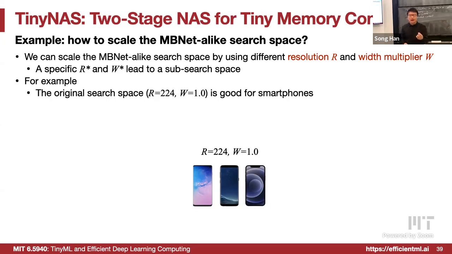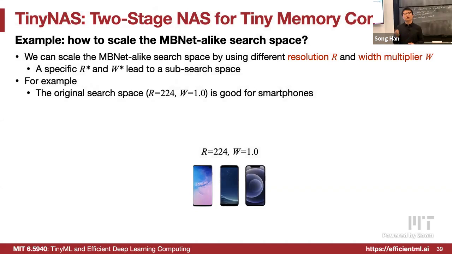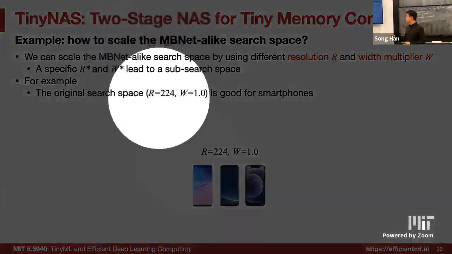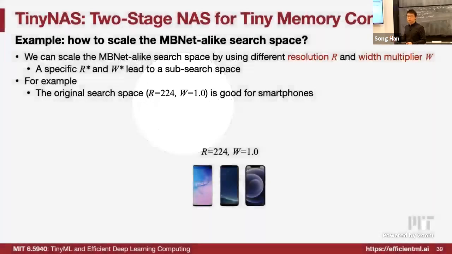We can scale the previous search space for MobileNet using a different resolution and different width multiplier. For example, the original search space typical for mobile devices has a resolution of 224 by 224 and a width of 1.0.